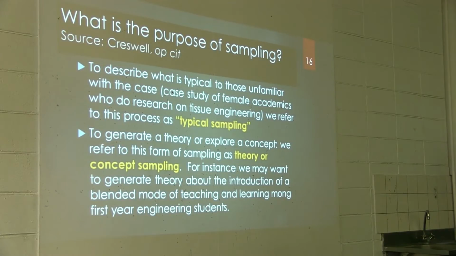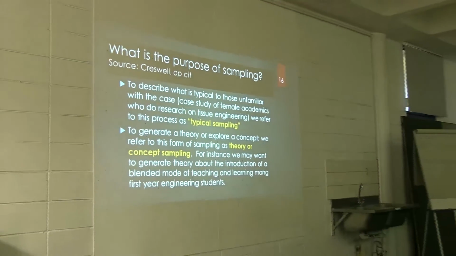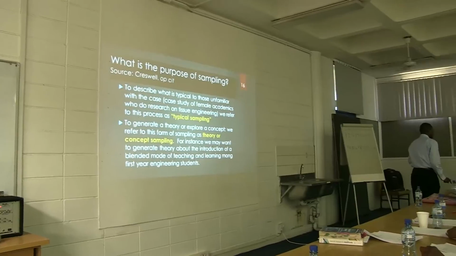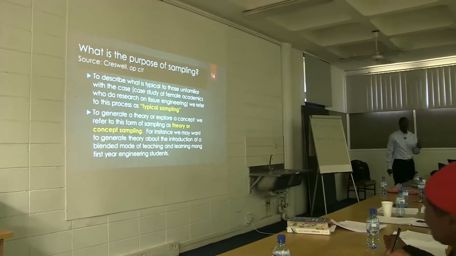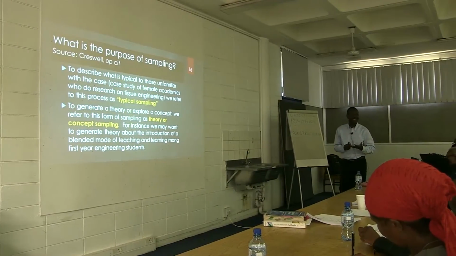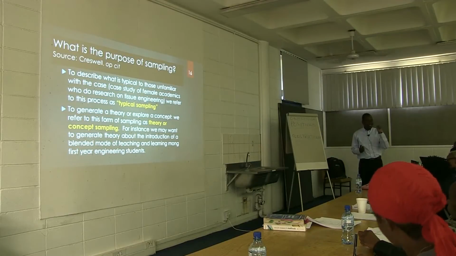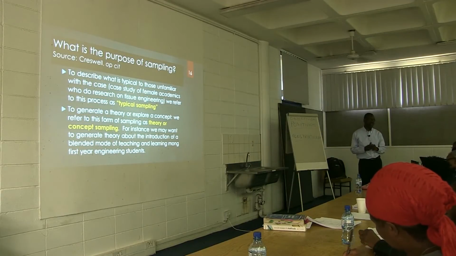I'm not going to ask how many people have read the book, The Structure of Scientific Revolutions by Thomas Kuhn. I'm not going to ask. But one day I'll meet you in the corridor and say, what did Thomas Kuhn say in that particular book? And then you run away from me. That's fine. You won't be the first person to run away from me. Thomas Kuhn, The Structure of Scientific Revolutions.